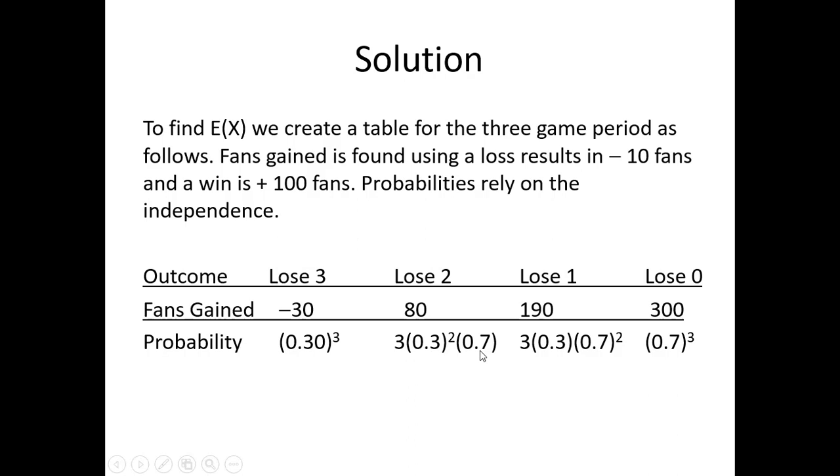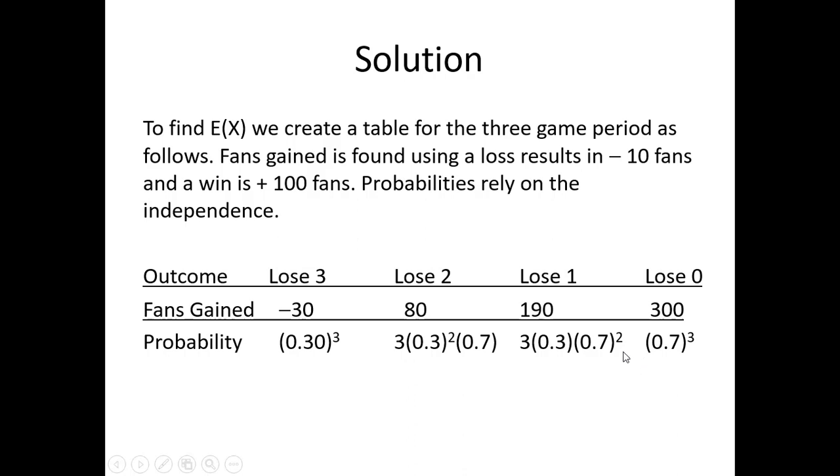But they might win the first, they might win the second, they might win the third. So this is a 3, or if you want to start to generalize, it would be 3 choose 1. This is similar, but now they're just losing 1 and winning 2. Here they win all 3, and you might recognize this as a binomial distribution.